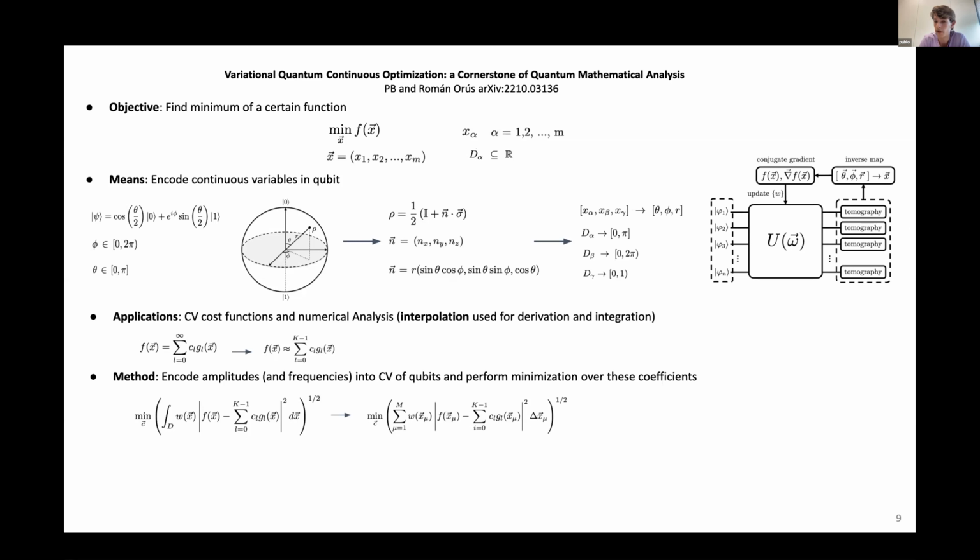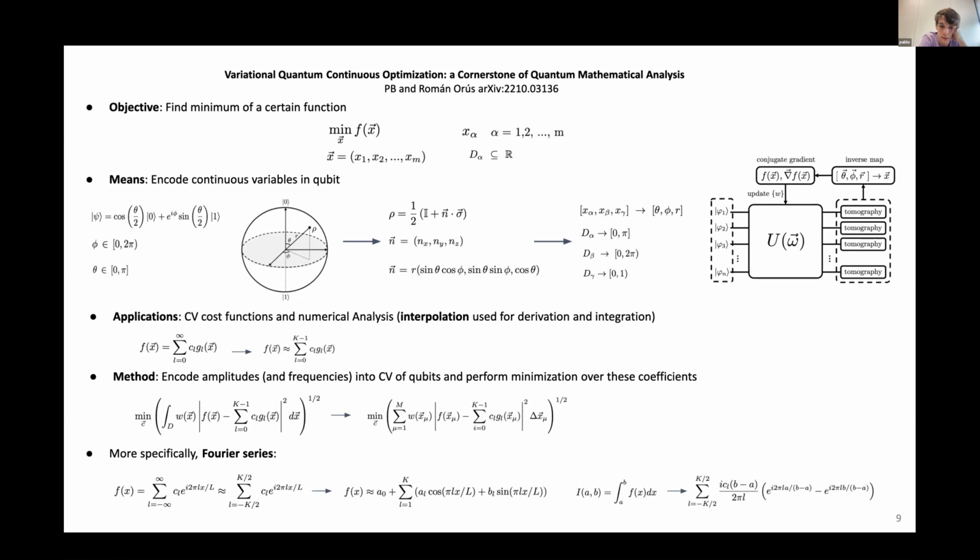You can use whatever norm 2, norm 1 distances. But the fact is that you have to go through this interpolation process by minimizing the coefficients and probably the frequency of the series you are expanding the ground state solution in.